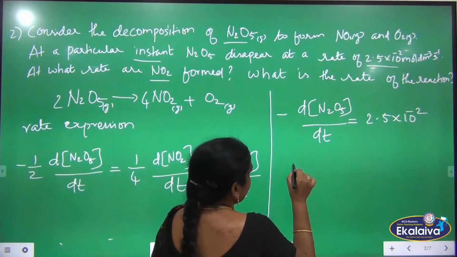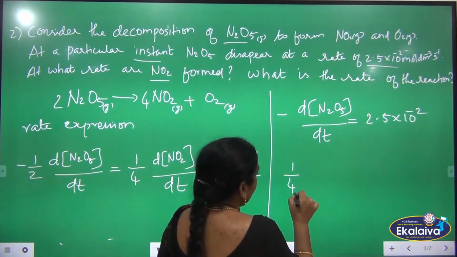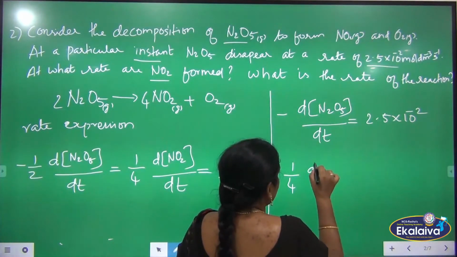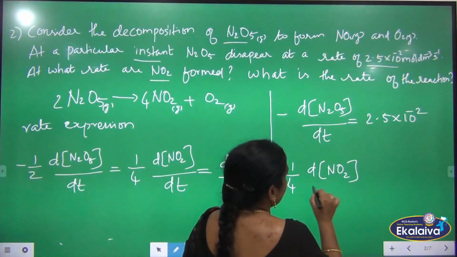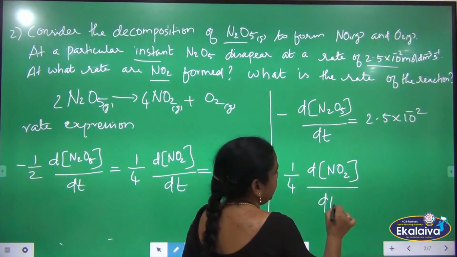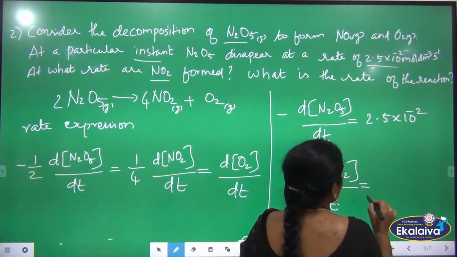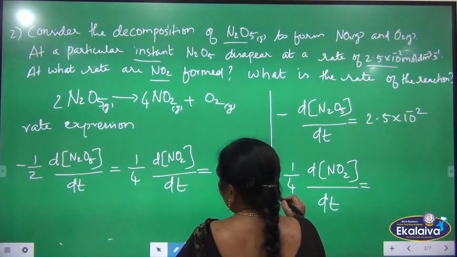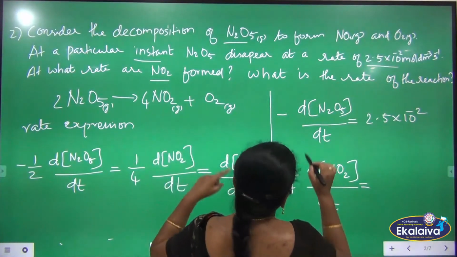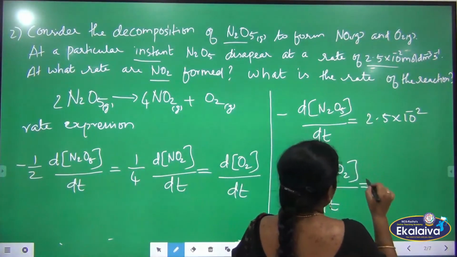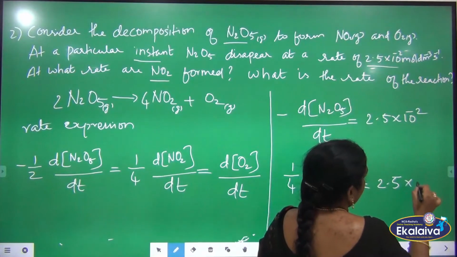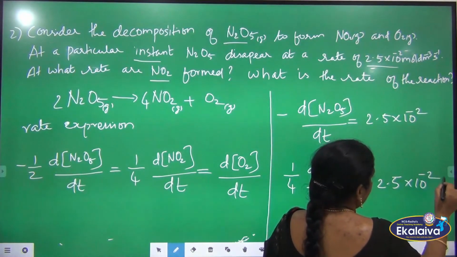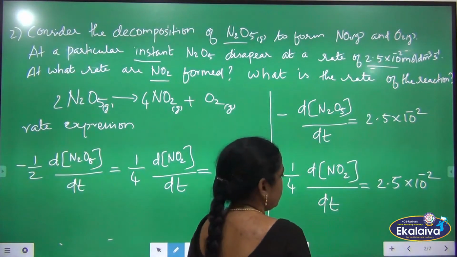So 1 by 4 d of NO2 by dt equal to. What is given here? The disappearance of this is 2.5 into 10 to the power minus 2.